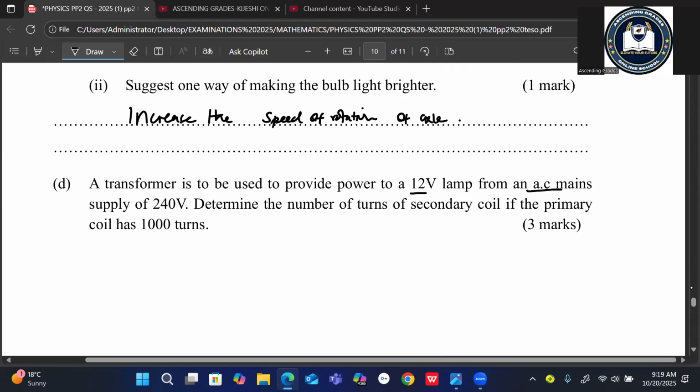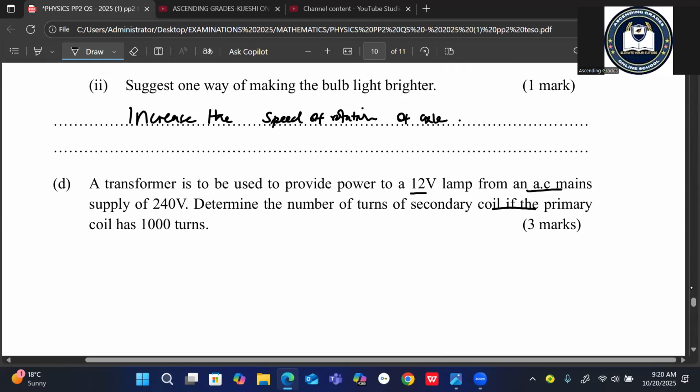Determine the number of turns in the secondary coil if the primary coil has 1000 turns.